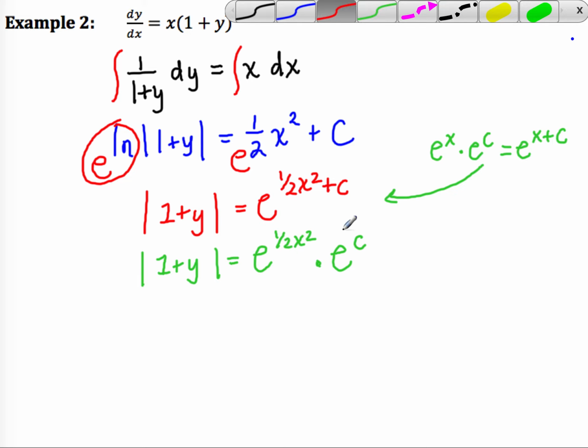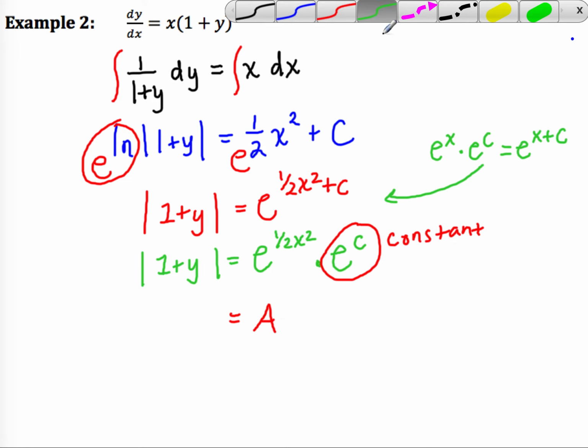And now we know that this e to the constant is just some constant, and we could call that constant something other than c, because it has a different value. You can just make up another letter, we'll just call it a.